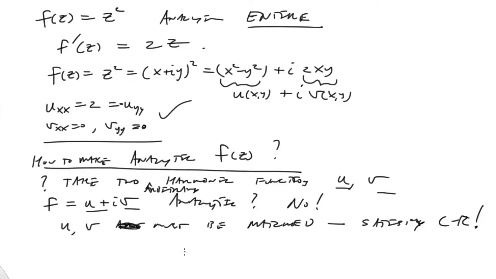So let's go back to another example. Let's go back to f of z equal to z squared. That was equal to x squared minus y squared plus i 2xy. Well, v is equal to 2xy. That's a harmonic function.